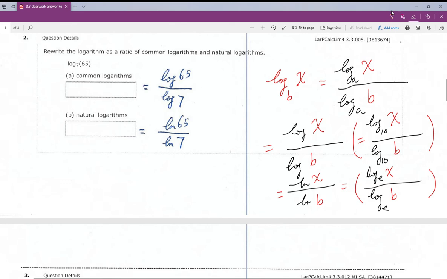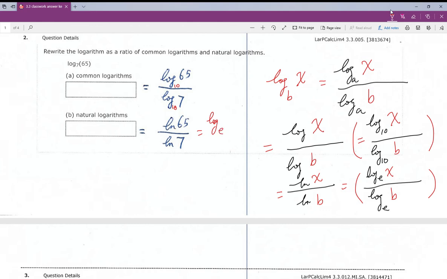Now, there's another formula. Convert any base to the base you prefer. So, for example, if you have base 7, you may convert to become base 10. If I don't write down anything, it means base 10. You can change it to base 10. Or this means you change it to base e.